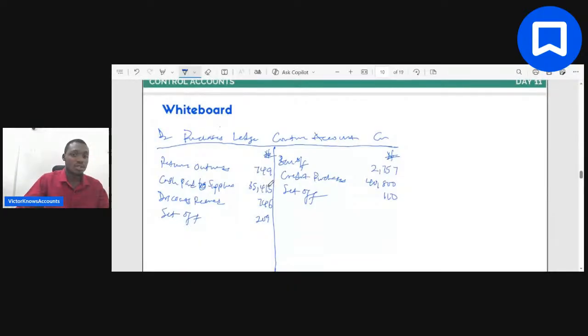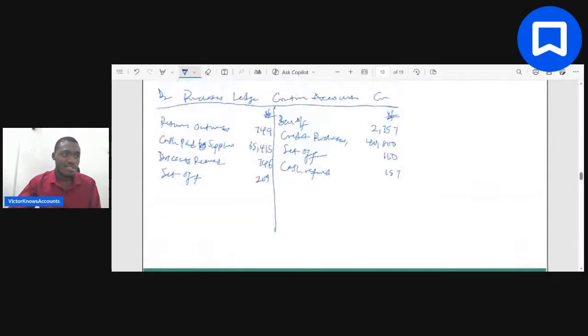It means we are receiving money, and we are using it to reduce the amounts that we paid. Since the cash paid is on the debit side, the cash refund will be on the credit side. By the time you watch the video of the last lecture, you will see the explanation; I wrote out the format and explained it. So 157. Now let us balance this account.